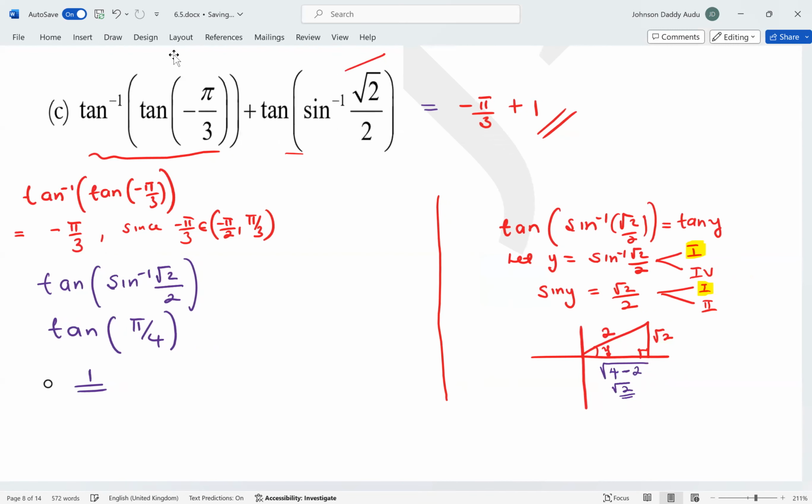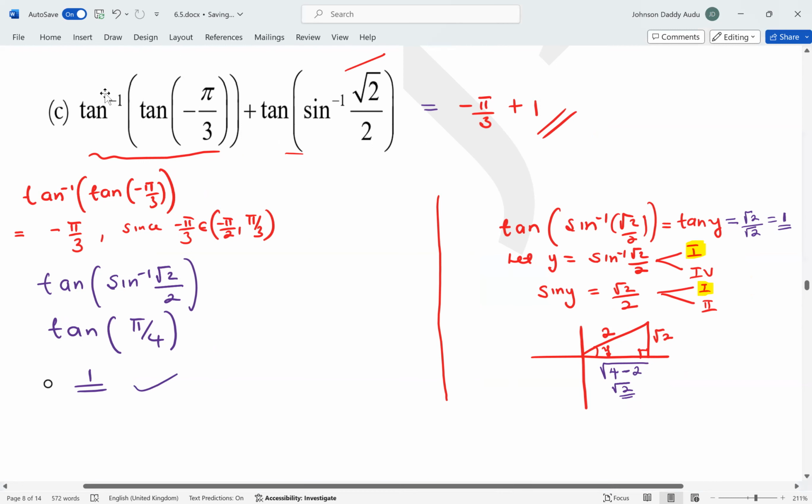Tan y is opposite over adjacent, which is root 2 over root 2, which is just 1. So this is another way to explain the second part of this problem. All right, so the final answer is minus pi over 3 plus 1.